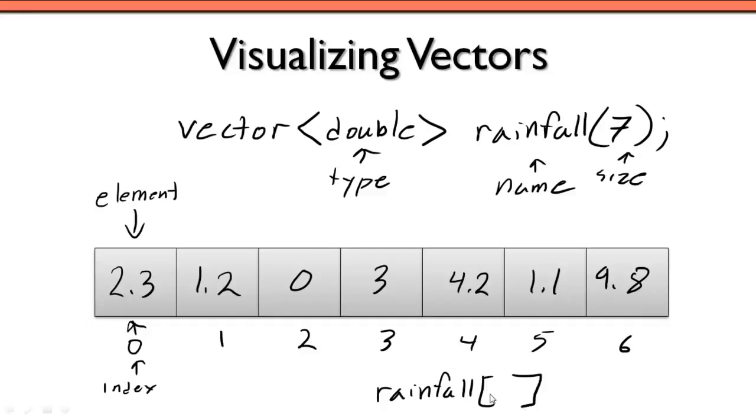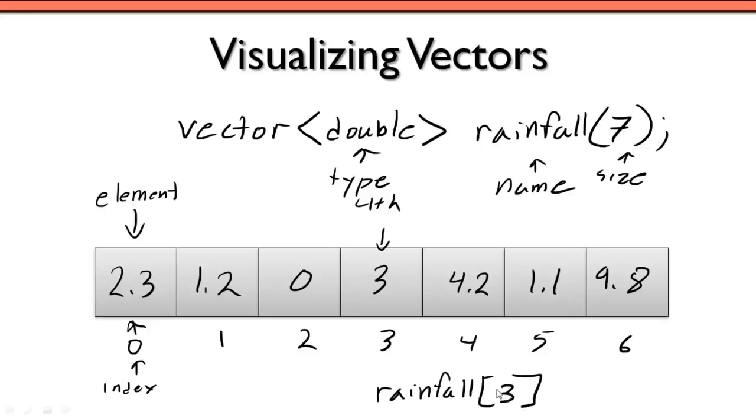So if we wanted to access the 4th element in our vector, that element has the index value of 3. So we would say the rainfall for the 4th day with the index value of 3 would be retrieved through this expression: rainfall, open square bracket, the index value of 3, close square bracket.